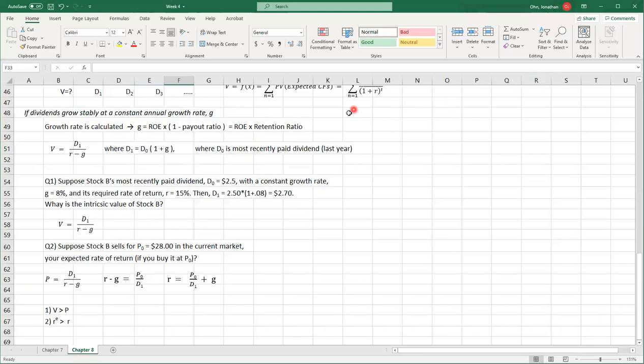But if you look at the overall pattern, you can see a growing pattern on average. But if you look at the big, large companies, their trend is growing dividends over time. So that's why we assume dividends grow stably at the constant annual growth rate of G. But that is not the typical pattern.